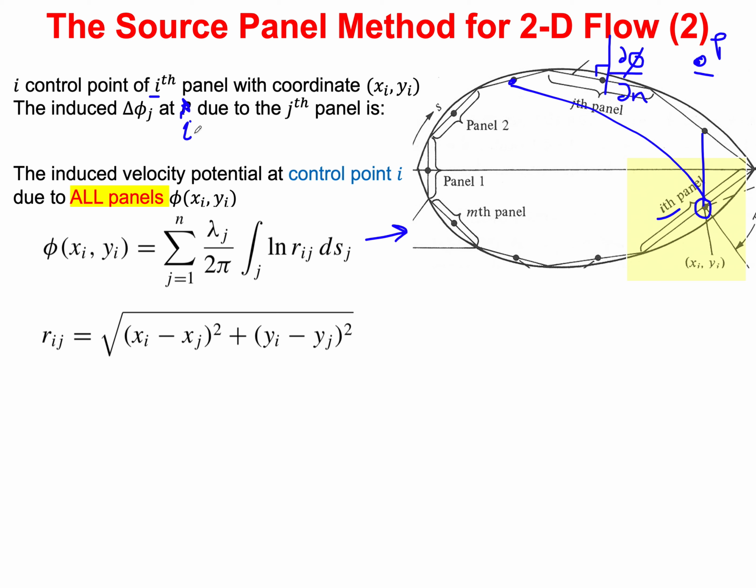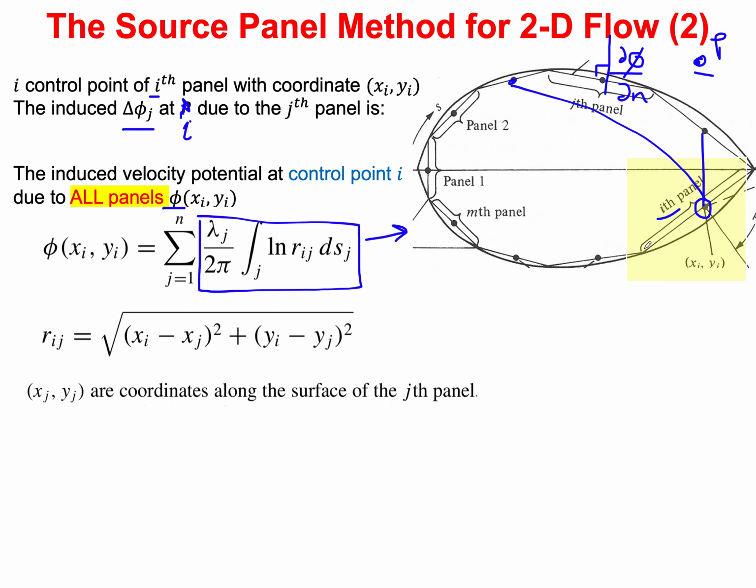So that is the delta phi j is what I have in this square, and the total phi at the control point I is just the summation of all the contributions of the panels from panel 1 to panel n, including the panel effect on itself.